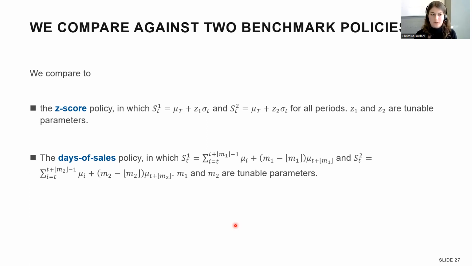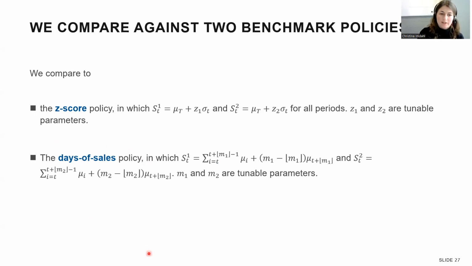One is the Z-score policy, which sets the higher and the lower demand level according to the mean demand plus Z times the standard deviation. The higher level has 1 Z parameter, and the lower base stock level has 1 Z parameter. So this policy also has 2 tunable parameters, just as our policy does.